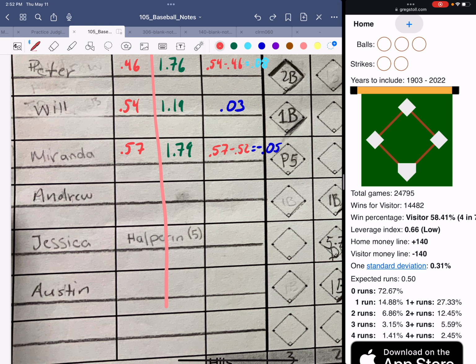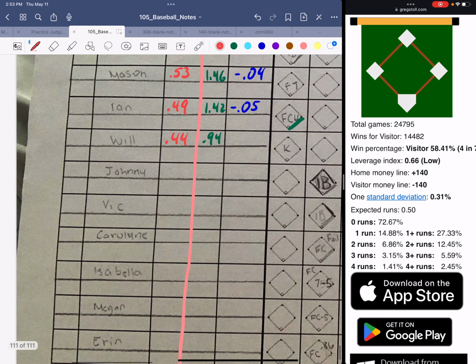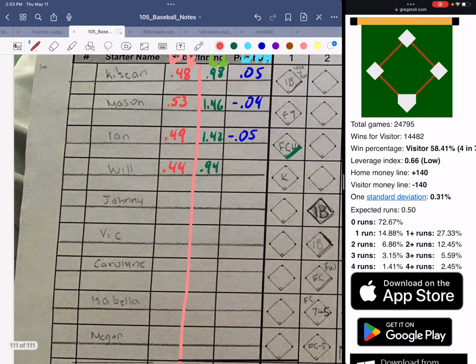Maybe I'll use this color for that. And so that means the home team has only a 42% chance of winning. So the win probability added is 0.42 minus 0.44, negative 0.02.